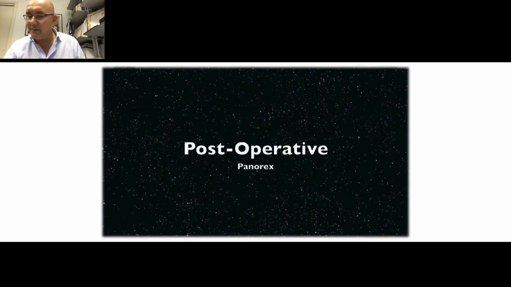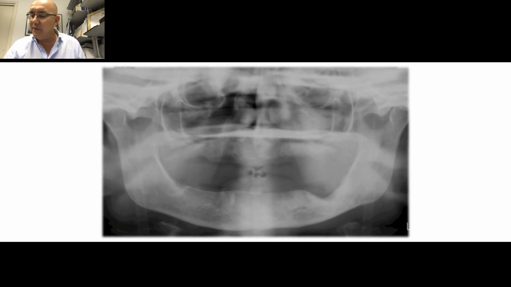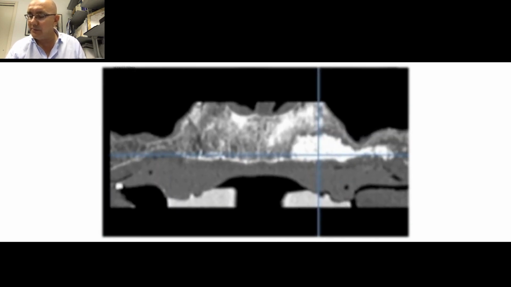We close quite carefully. And now you can see before and after how the situation has dramatically changed.